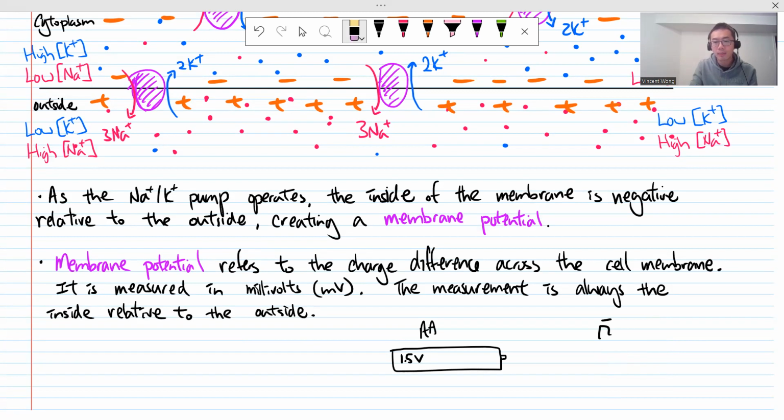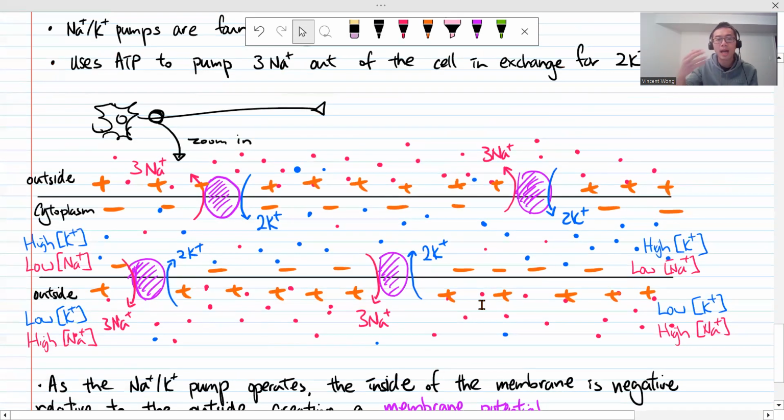Now I want you to think about this. This is important. When given the chance, which way will the sodium flow? Which way will the red dots move? Inside, that's right, because things have a tendency to go from high concentration to low concentration.